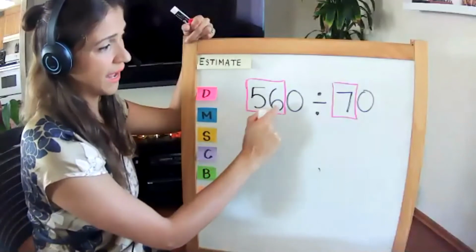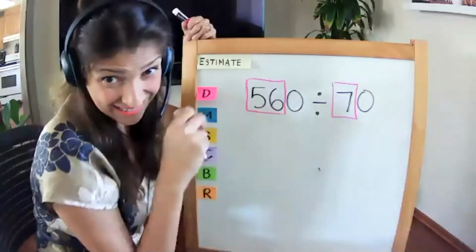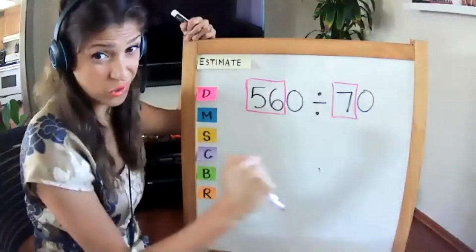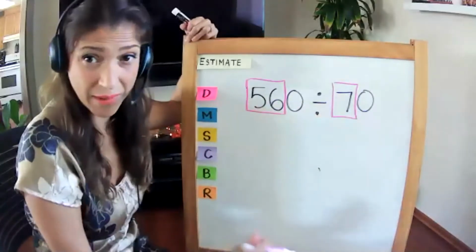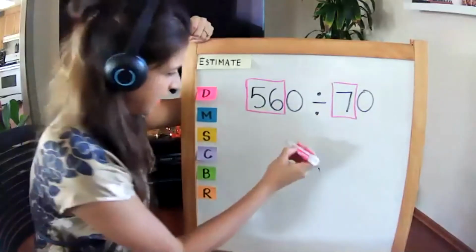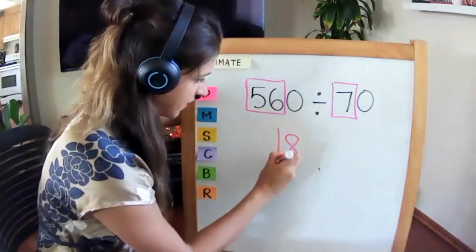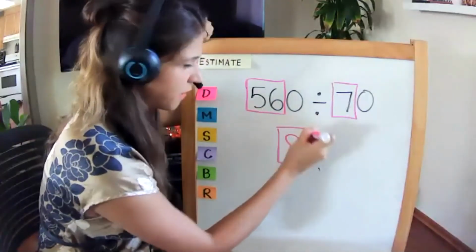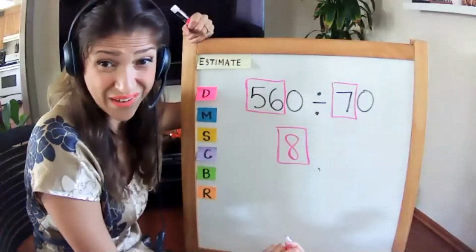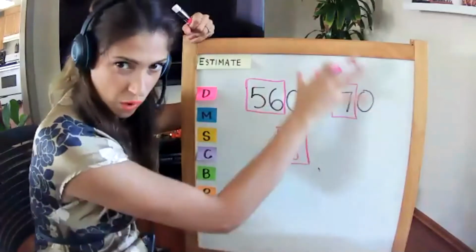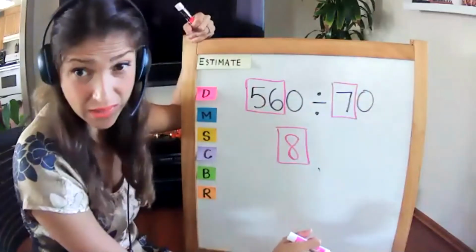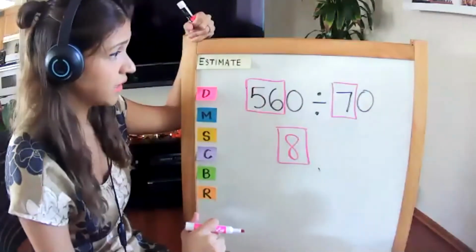Let's just solve that. 56 is in the 7 times table. Hopefully we are strong with our 7 times table. How many times can 56 be divided by 7? 7 times what? 8. I'm going to keep my basic fact inside my box because sometimes I get a basic fact that has a 0 in it, and I want to make sure that the work I'm doing with my zeros, annexing my zeros, is not interfered with.